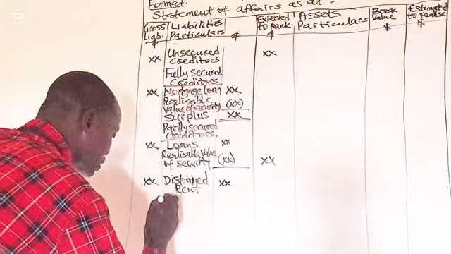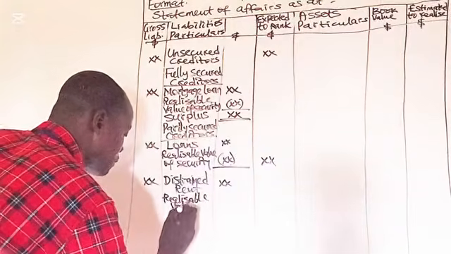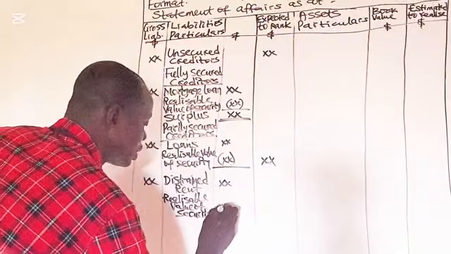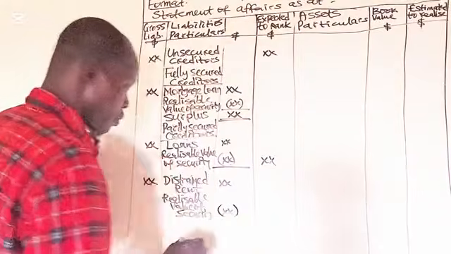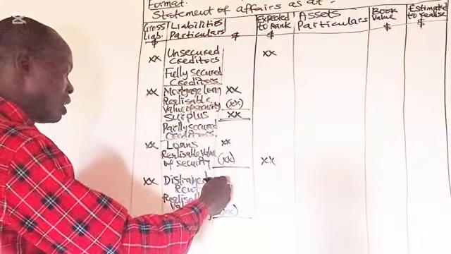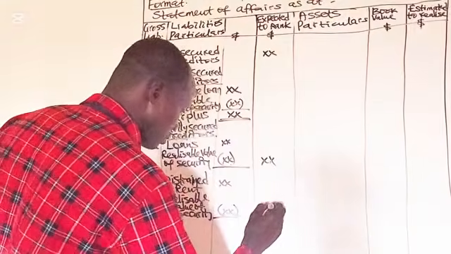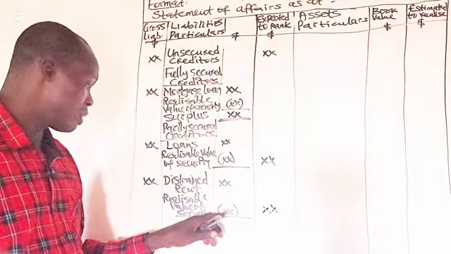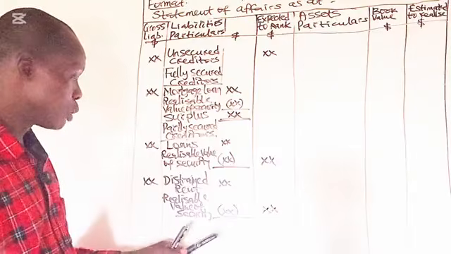Realizable value of security. The realizable value may be greater or it may be lower. If it is lower, the amount by which the liability exceeds the realizable value of the collateral, you are going to rank that as unsecured. But if the value of security is greater than the value of the liability, then you have the surplus.